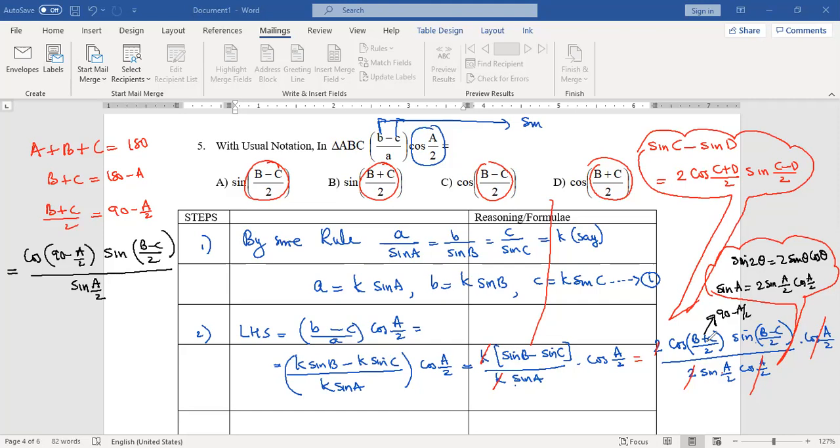Whenever you get the sum of two angles, you can always express it as 180 minus the third angle. Now tell me what is the next step? Sir, it will become sine a by 2. So sine a by 2 gets cancelled, and hence your option is A.